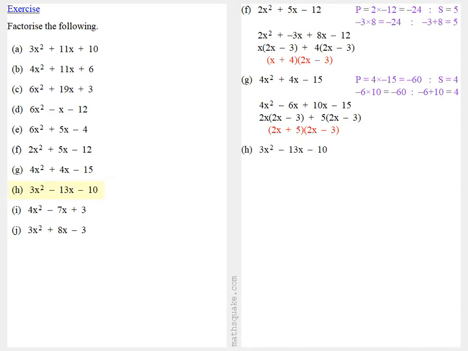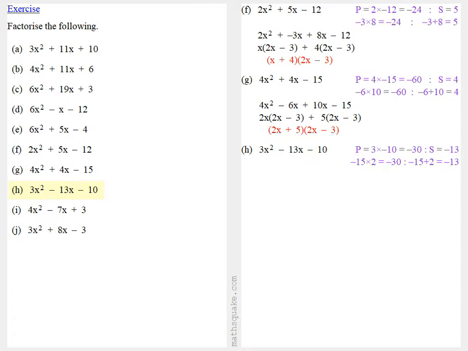In question H, the equation is 3x squared minus 13x minus 10. So P is 3 times minus 10, which is minus 30, and S is minus 13. We want two numbers that multiply to make minus 30 and add to make minus 13. Now that's actually minus 15 and 2.